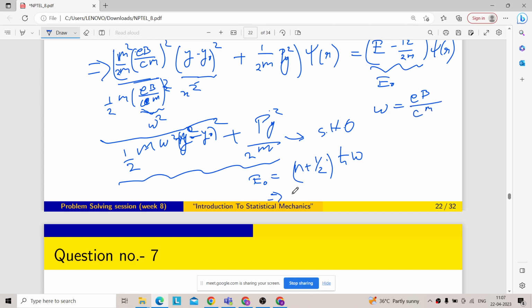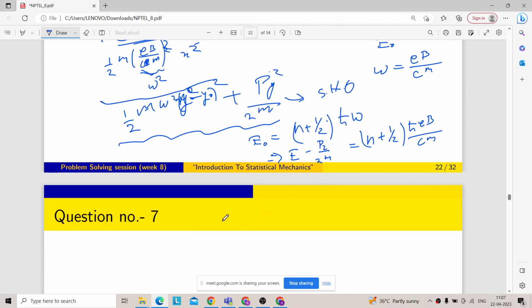And my E0 is E minus pz square divided by 2m, equal to (n plus half) h cross omega, where omega is eB over cm. So finally my energy will be (n plus half) h cross eB over cm plus pz square over 2m.